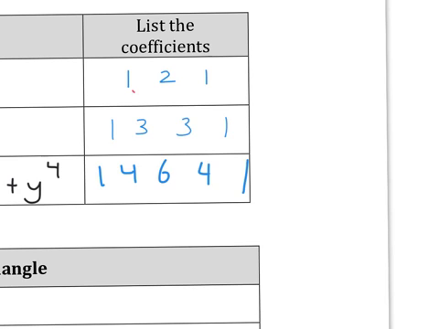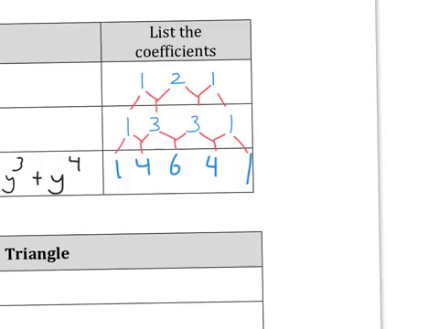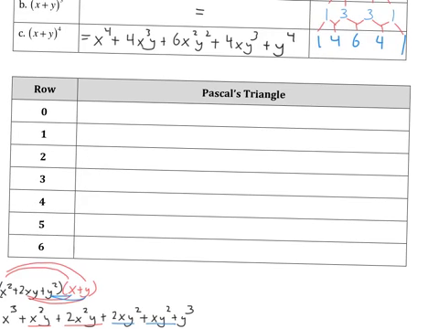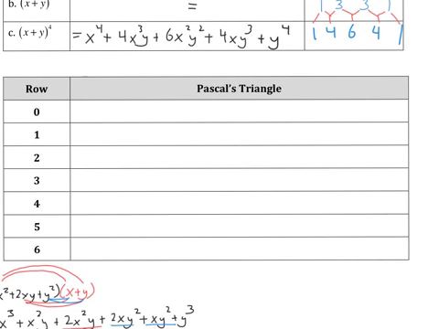So notice here, those two add up to be 3. These two add up to be 3. Notice the ones are always on the inside and outside. 1 plus 3 is 4. 3 plus 3 is 6. 3 plus 1 is 4. So Pascal noticed that there's a nice little pattern that results here. So Pascal's triangle will look something like this.